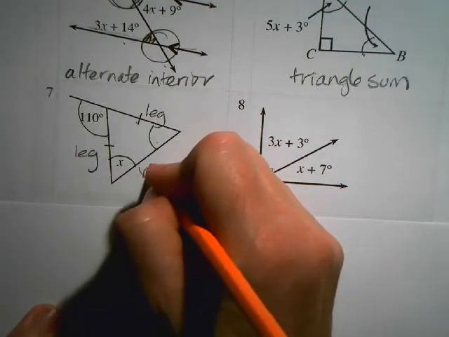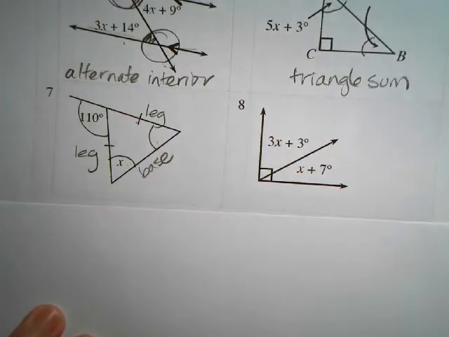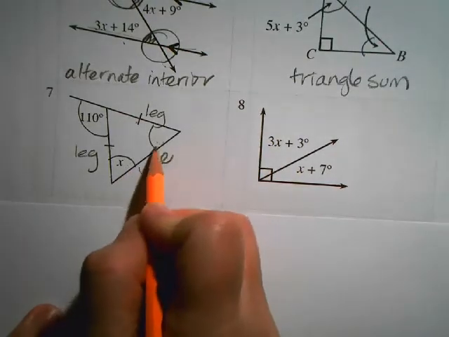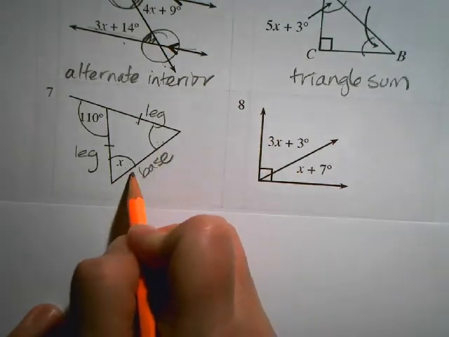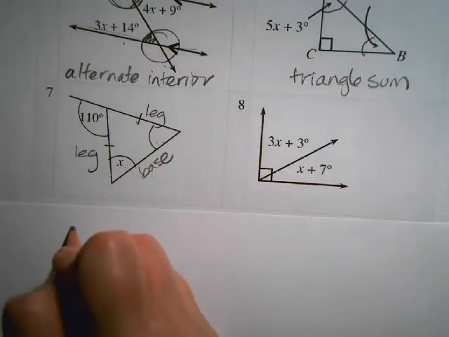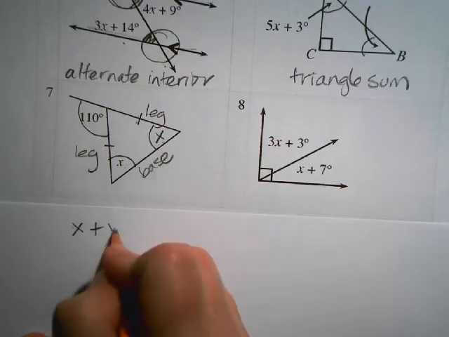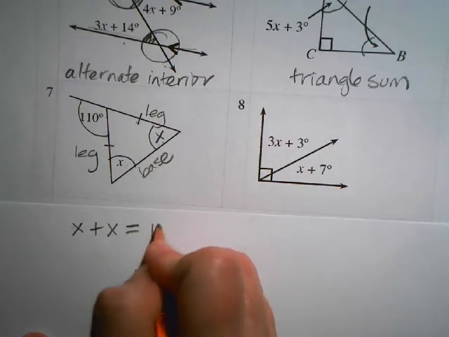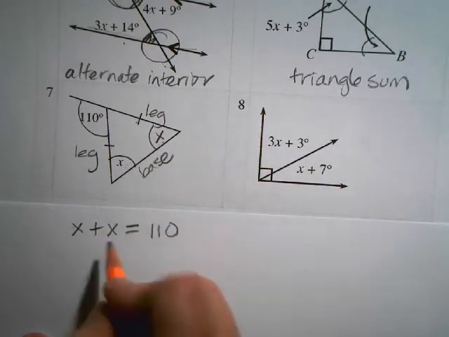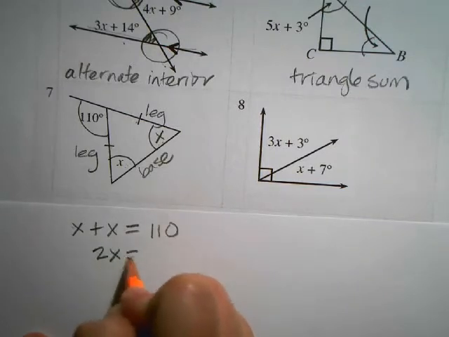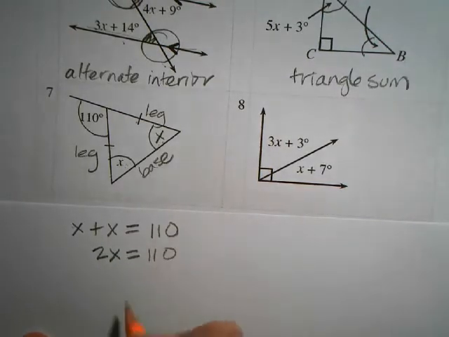The side that is not equal to another side is called the base. So these are the base angles, the angles that include the base. So I know that if this is x, this is x. X plus x is going to be equal to 110. X plus x is 2x. Divide by 2, so x equals 55.